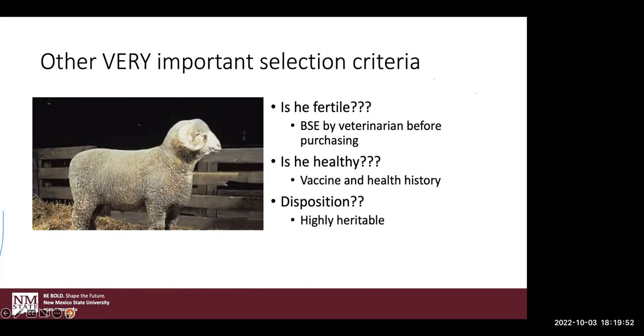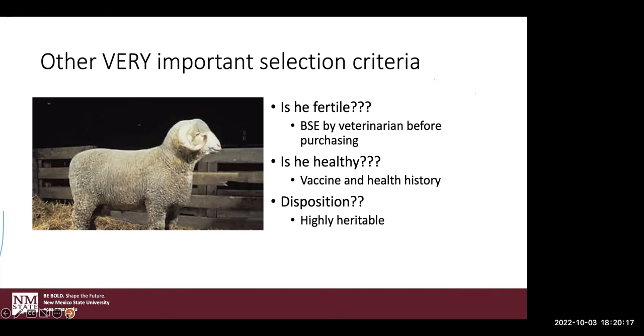And then, is he healthy? Can you get a health background of these animals? If possible, a reputable breeder will provide that information to you. And then that can give you an idea of potentially what his offspring may do as well. And disposition, these guys can get a little bit aggressive, particularly during breeding season. And so this is kind of heritable.